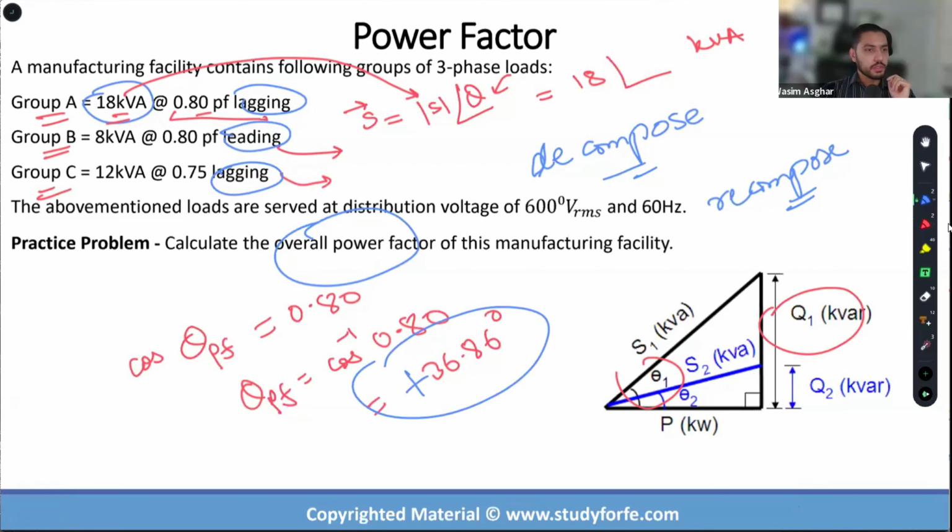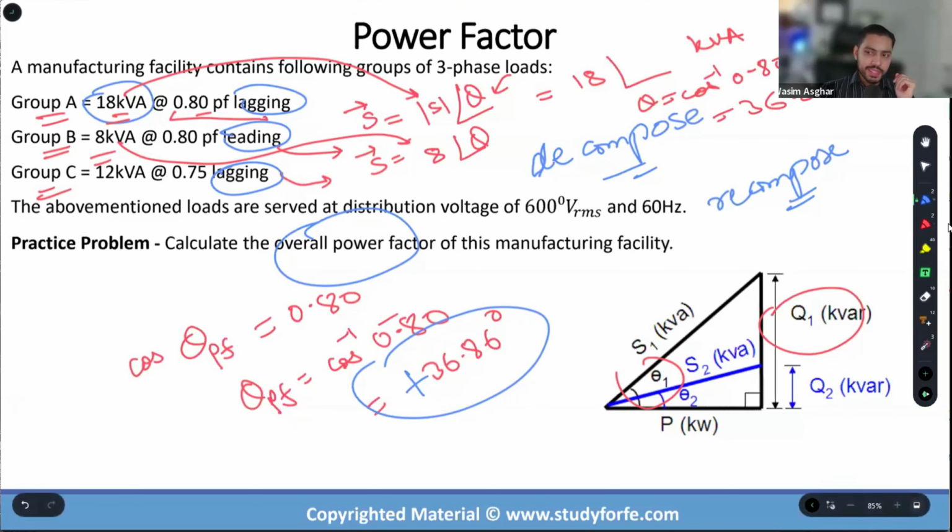It is crucial to understand and appreciate this because you're going to see that when we start creating the group B load, I'm going to do the same thing. So I'm going to take 8 kVA over here because that's a magnitude, and then angle theta. When I calculate this angle theta using the same process, the angle theta will be the cosine inverse of 0.80. Both are 0.80, both are giving me 36.86, but what's the difference?